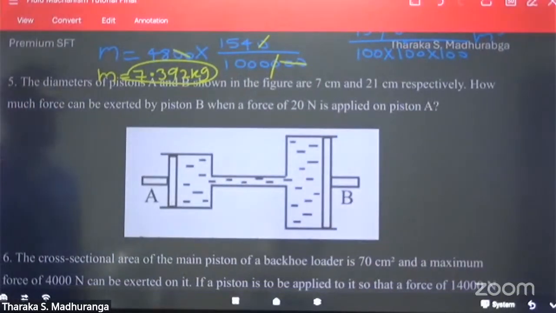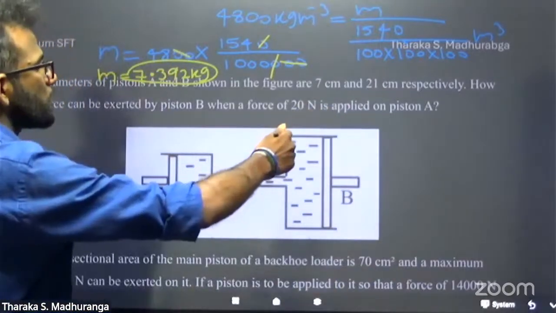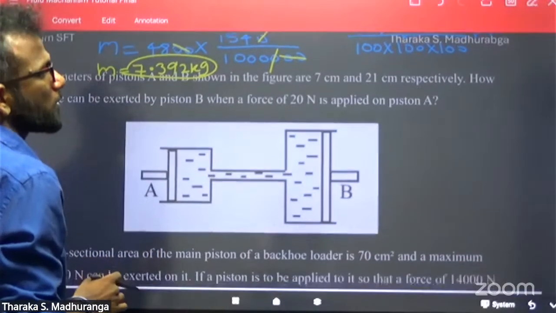The diameters of piston A and B shown in the figure are 7 centimeter and 21 centimeter respectively.